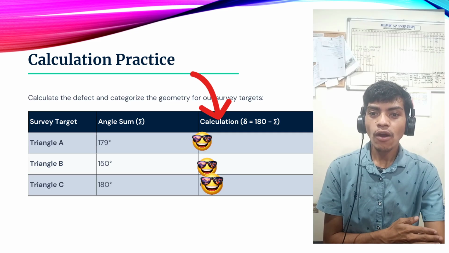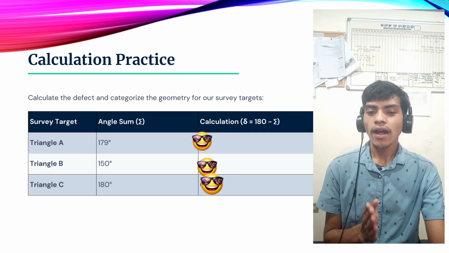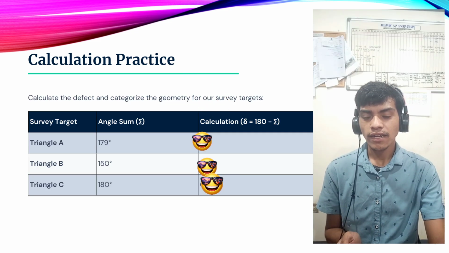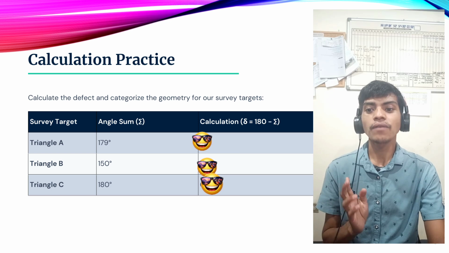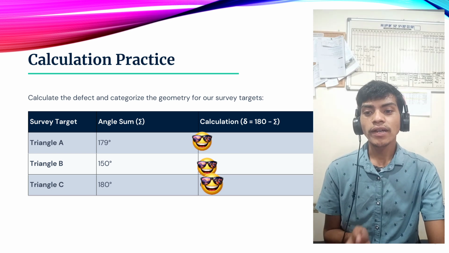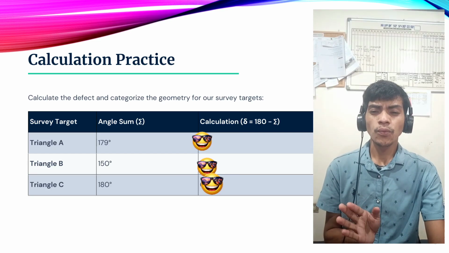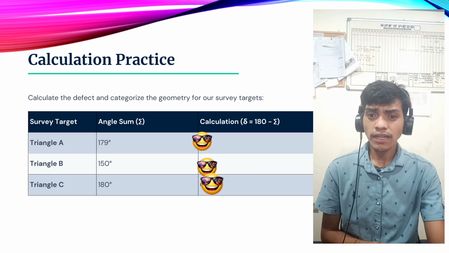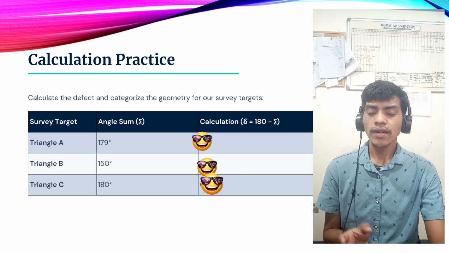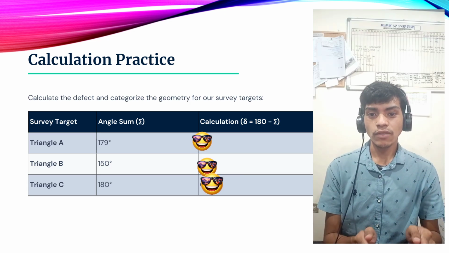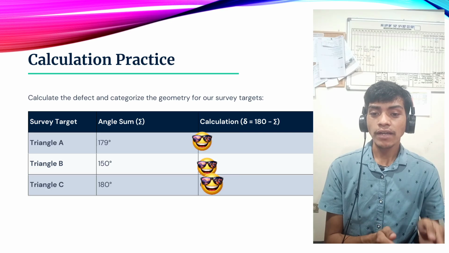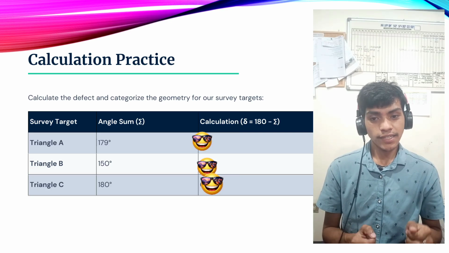So what is the angle sum of triangle A? It equals 179 degrees. If the formula is delta equals 180 degrees minus sigma, then you will get 180 degrees minus 179 degrees.